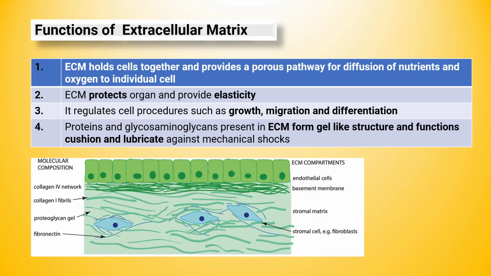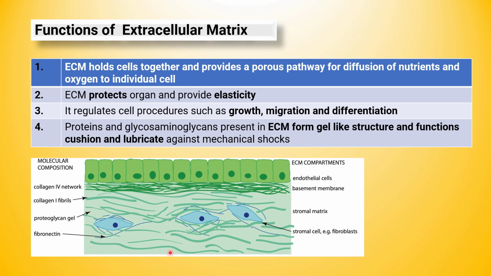So here we are going to discuss the functions of extracellular matrix. The extracellular matrix holds cells together and provides a porous pathway for diffusion of nutrients and oxygen to individual cells. Here you can see the composition, which contains fibronectin, proteoglycan gel and collagen. It holds cells and also provides a diffusion pathway.